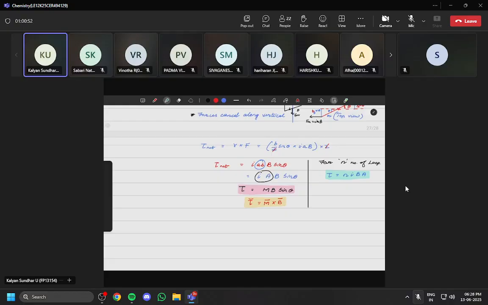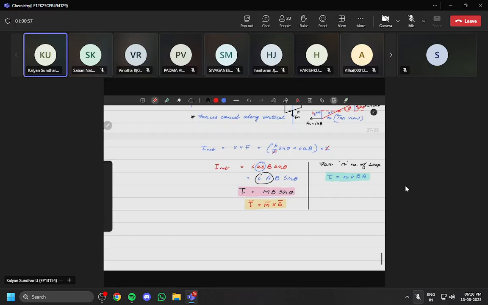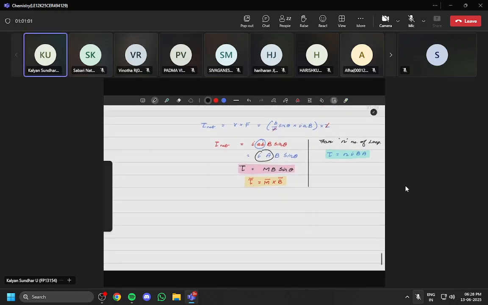So when will the torque be maximum? For tau to be maximum, theta should be 90 degrees. For tau to be minimum, theta can be 0 or 180 degrees.